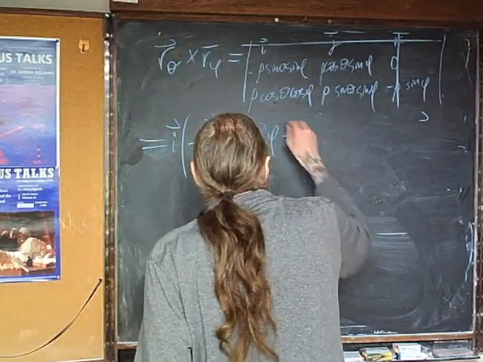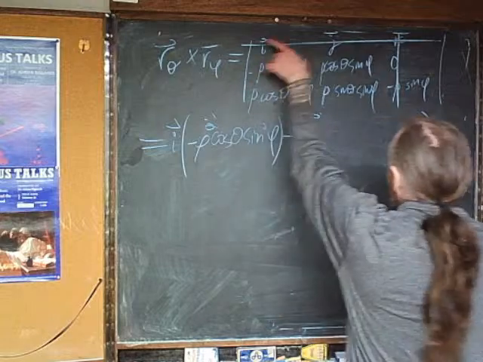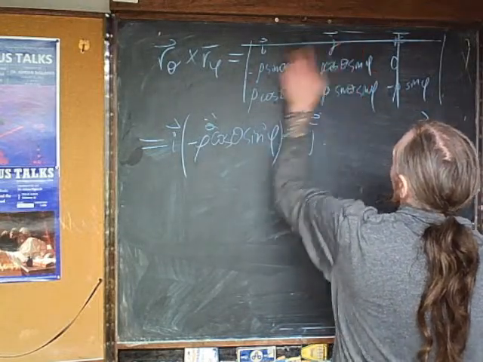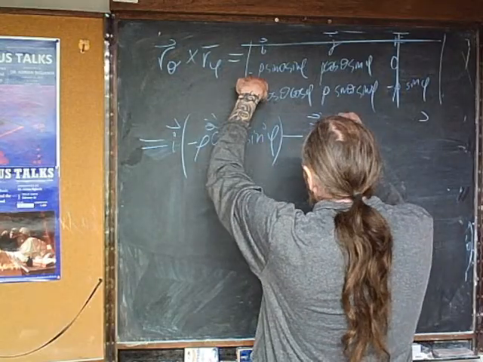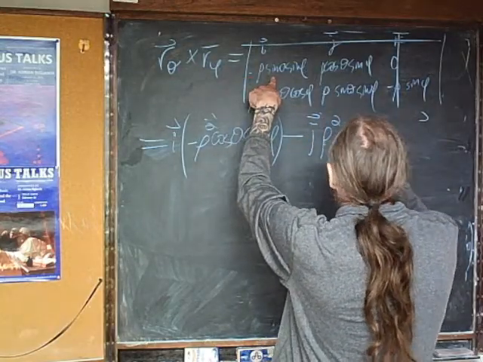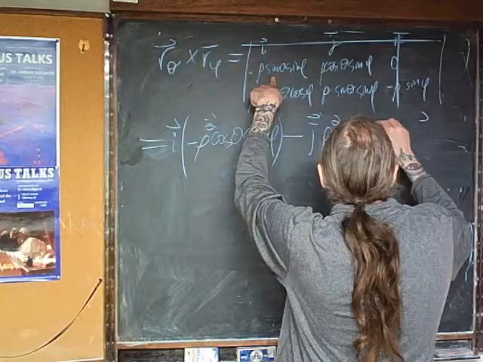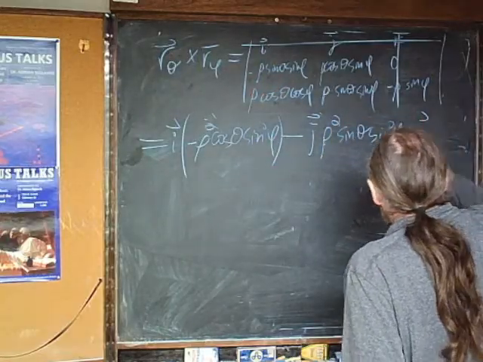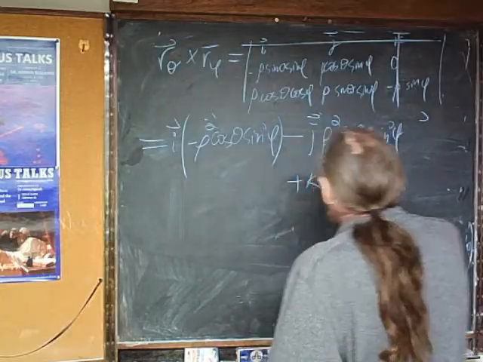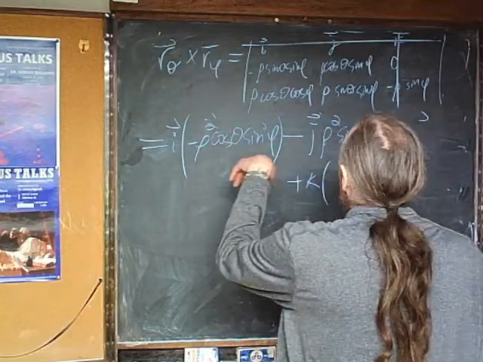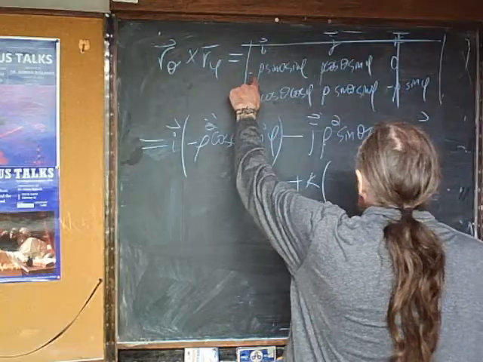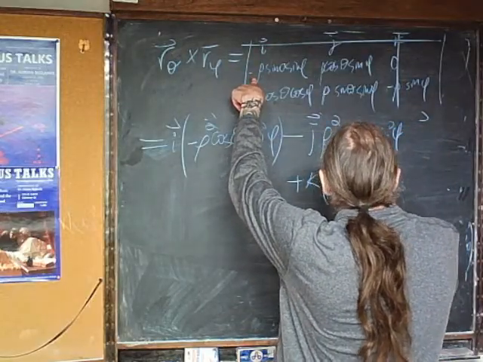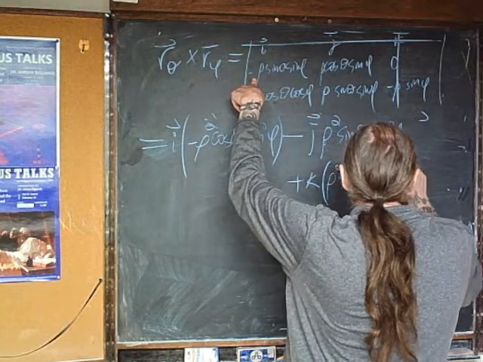And then minus j by cofactor expansion times this one, which will give me positive, but then that's where the negative gives, rho squared, and then I have sine theta, right? Yeah, and then sine squared phi, and then plus k times, I think it might have been this one that I did wrong. So it should be rho squared sine squared theta sine squared phi.